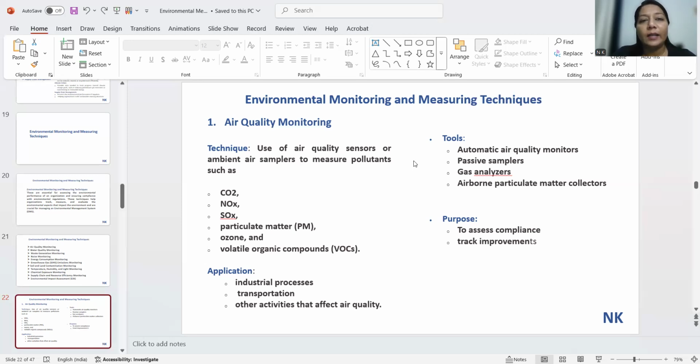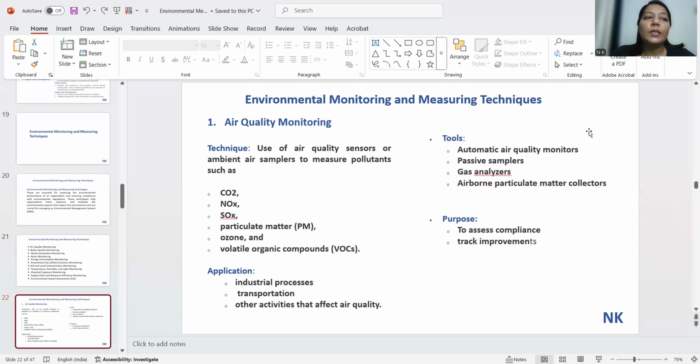From any such activity, we can measure the pollutants. In the tools part, here are the tools: automatic air quality monitor, passive sampler, gas analyzer, and airborne particulate matter collector. These are the tools which we use to monitor air quality.